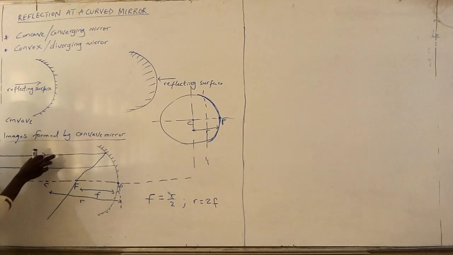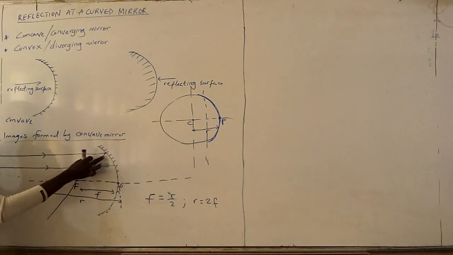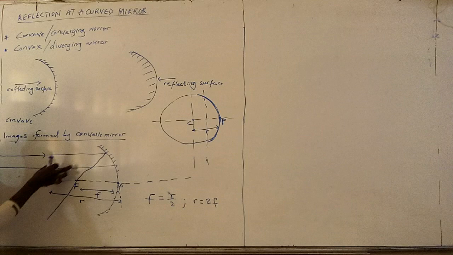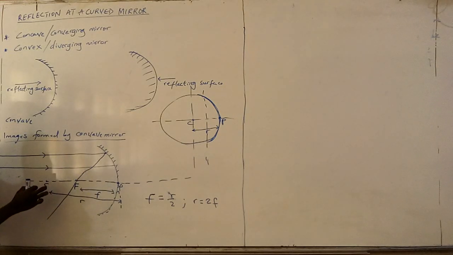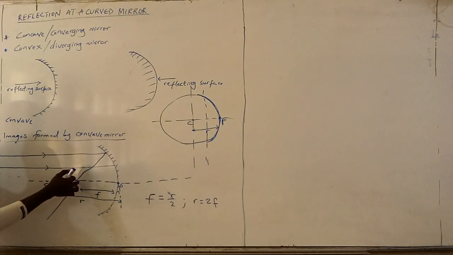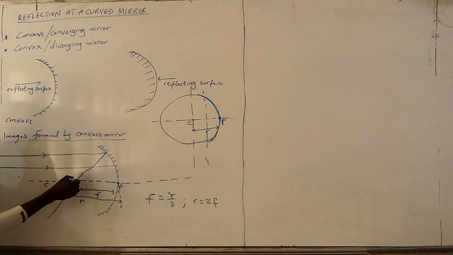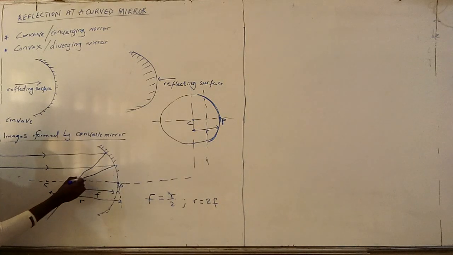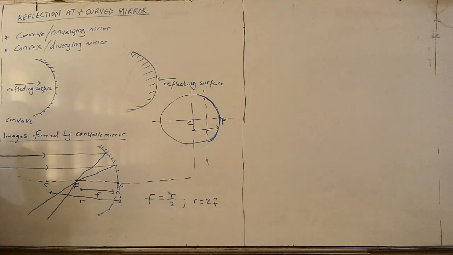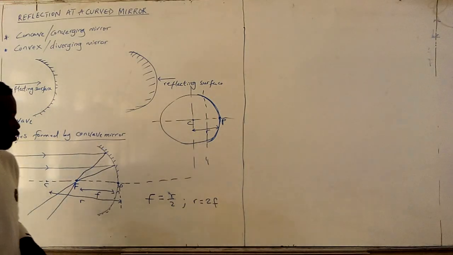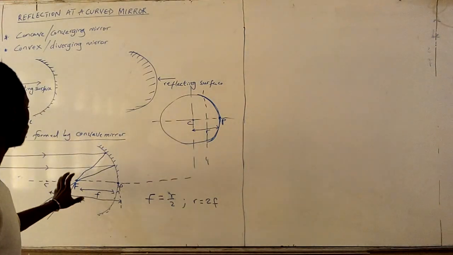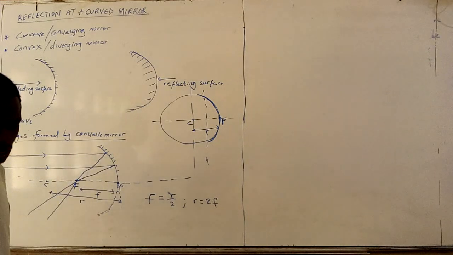All rays that are parallel to the principal axis fall on the principal focus after reflection. So this one will also fall on the principal focus. That's the rule: all rays that are parallel to the principal axis fall on the principal focus.